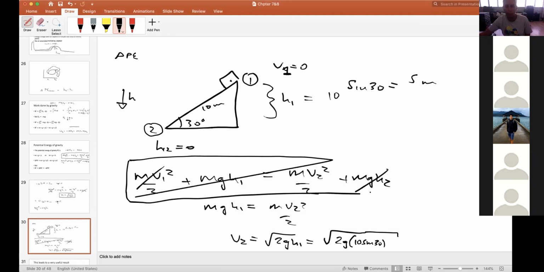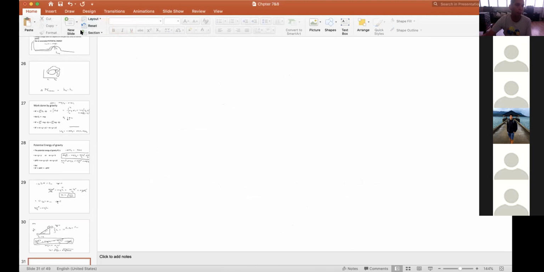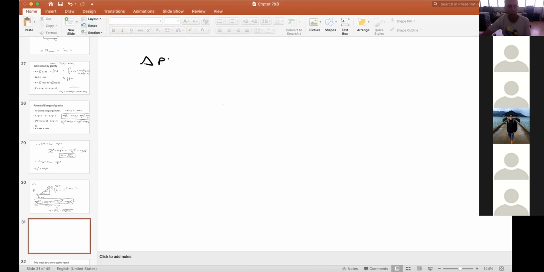Physically, the change of potential energy is becoming the change in kinetic energy. When we went from 1 to 2, we had a potential energy of mgh1, and we want to know the loss.